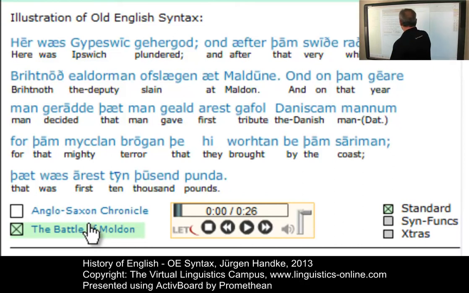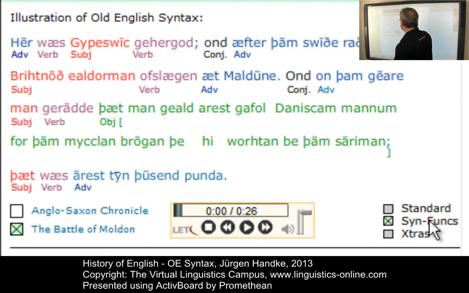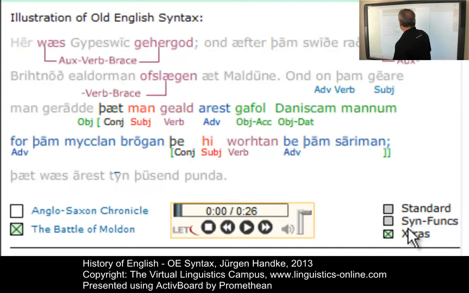And again, you can analyze the text as it stands, you can listen to it, you can look at the syntactic functions, a functional analysis, and you have access to additional analyses. Here, for example, the auxiliary verb brace construction and additional patterns such as adverbial positioning.